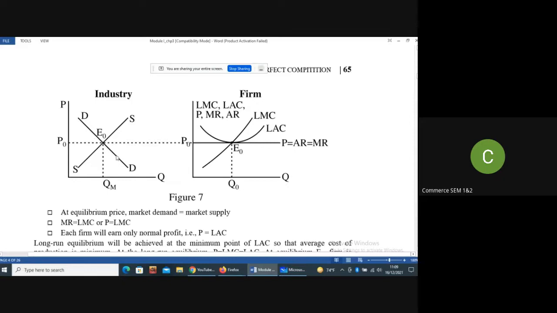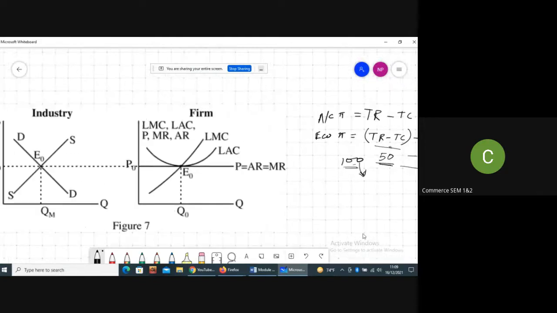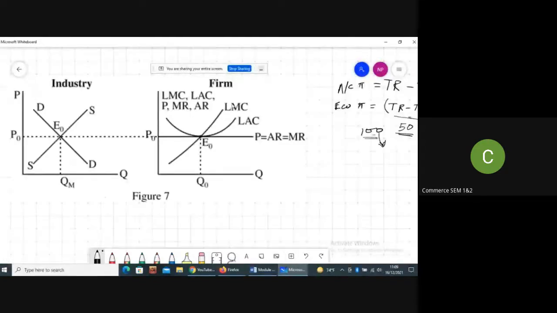On the left hand side, we have the market demand curve, DD, and the market supply curve, SS. The equilibrium takes place at this point E0, where the market price is P0, which is constant.